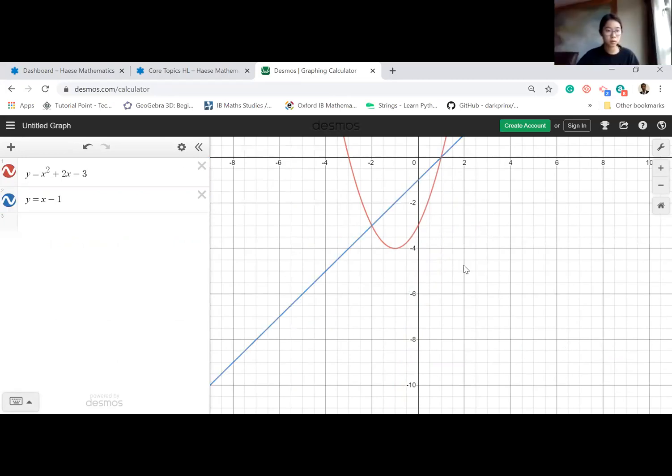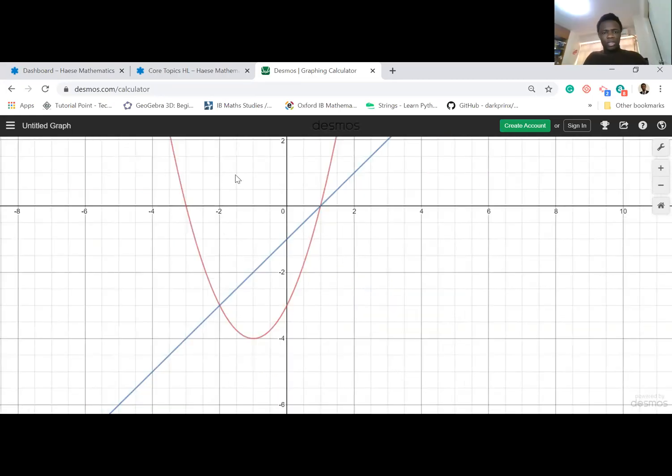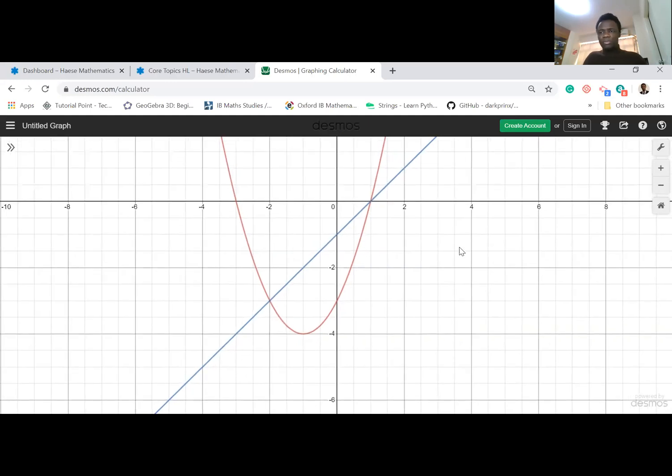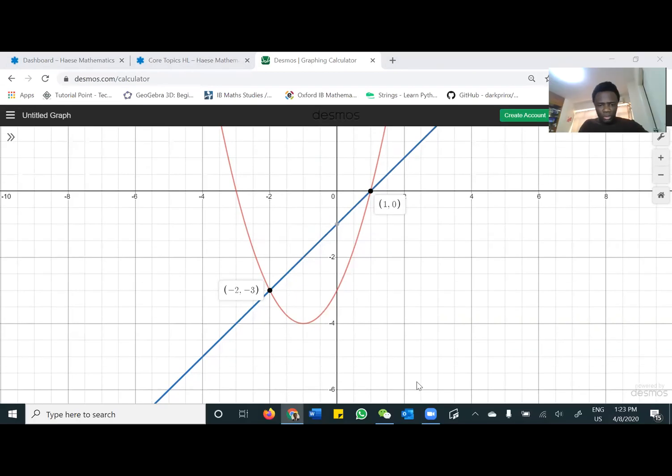Can everybody see my Desmos page? Good. This is one answer that we got, (1, 0), and this is the other answer that we got. The last question will now be answered from here.